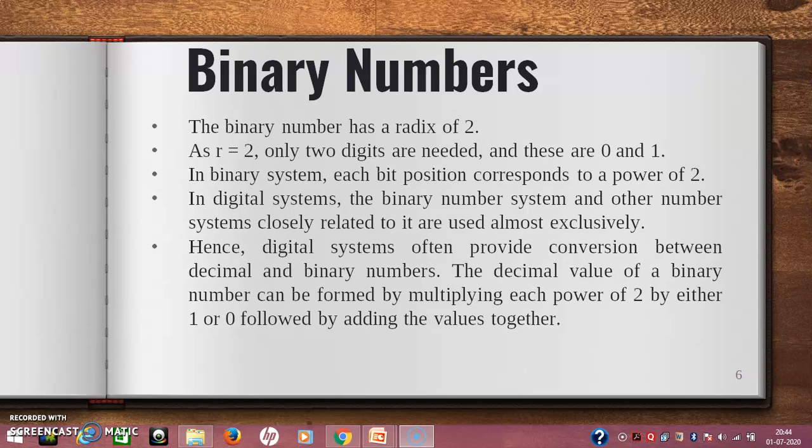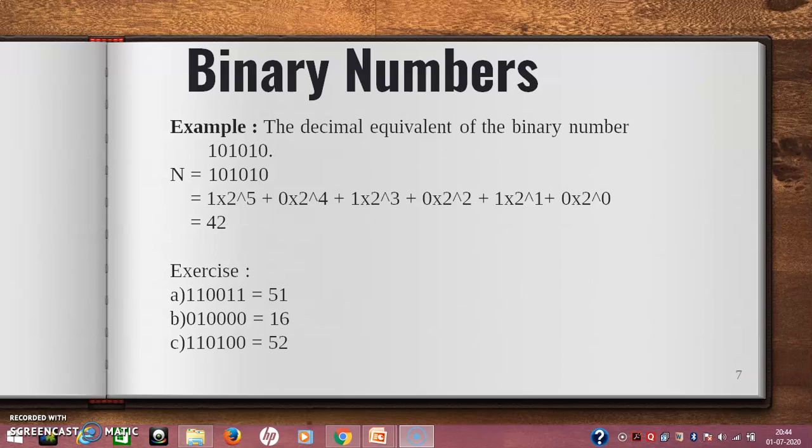The decimal value of a binary number can be formed by multiplying each power of 2 by either 1 or 0 followed by adding the values together. We will see it as an example. Here, to find the decimal equivalent of the binary number 101010, we multiply each bit by 2 raised to the power of its position.